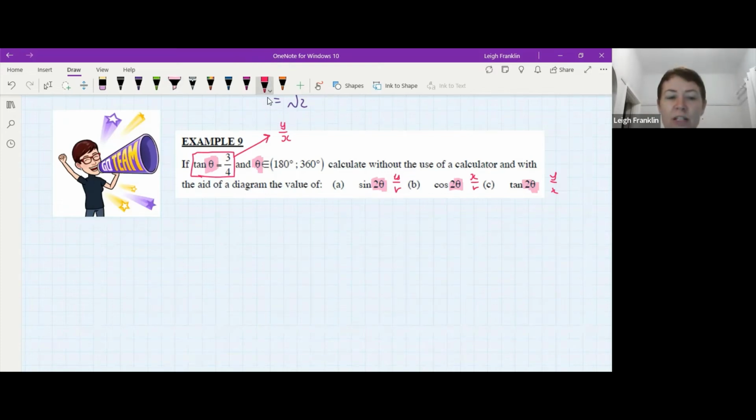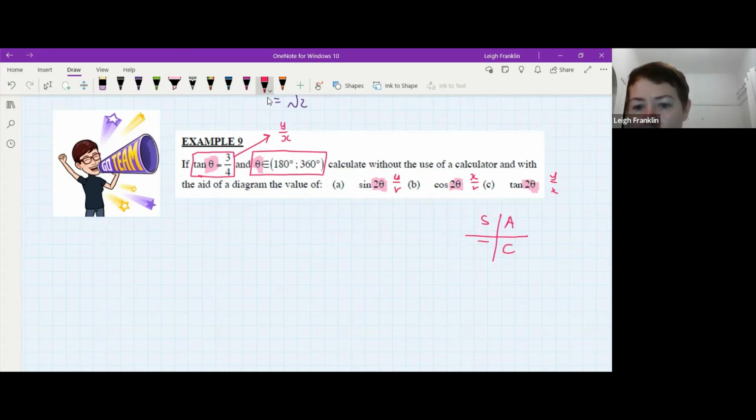So the first thing we need to do is we need to work out which quadrant are we working in. And these 2 pieces of information, the one with a pink block around it, and the second one with the pink block around it, help us narrow down which quadrant we are working in. We're going to draw ourselves a quick little cast diagram, and then we're going to tick the appropriate quadrants.